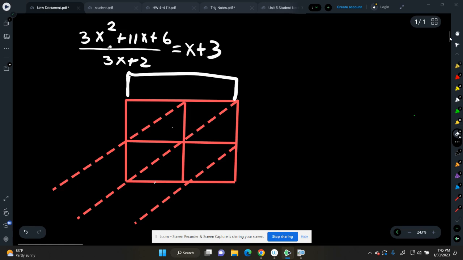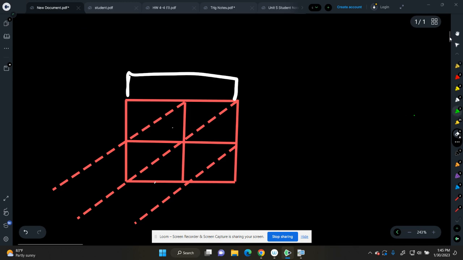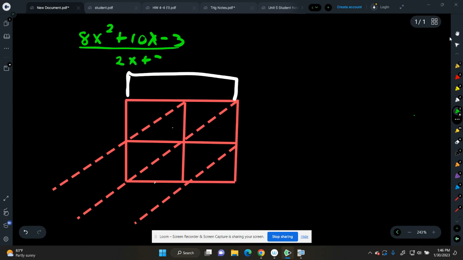Okay, number 3 on your homework. All right, we're looking at 8x squared plus 10x minus 3 over 2x plus 3.